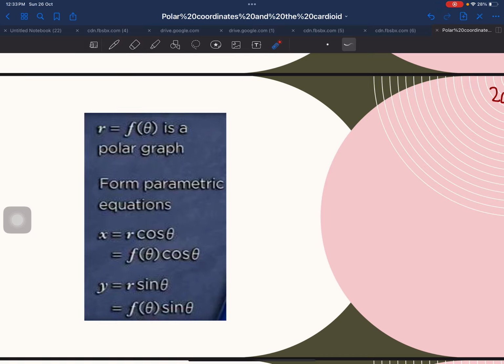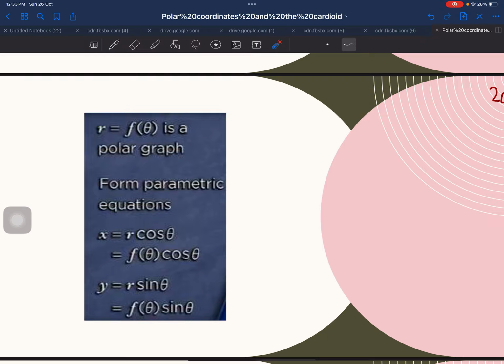All you have to do is say dy dx equals dy d theta divided by dx d theta, and then we calculate dy d theta. It's a bit complicated because it's a product rule.